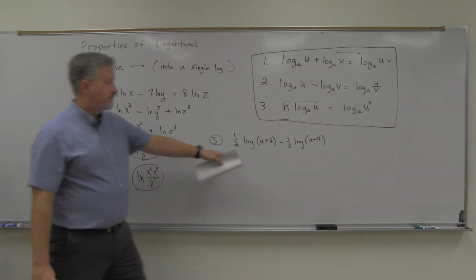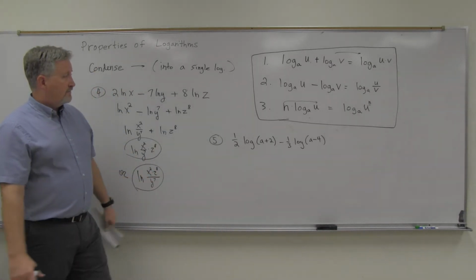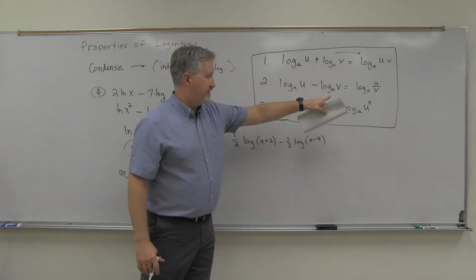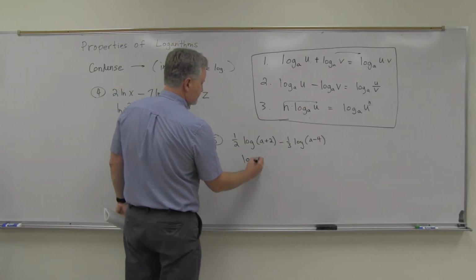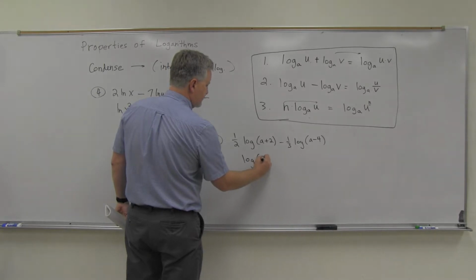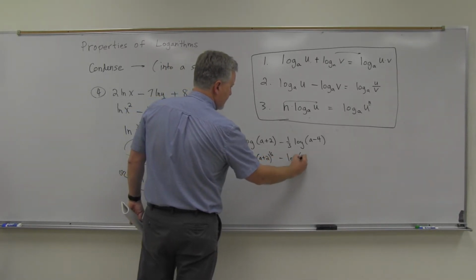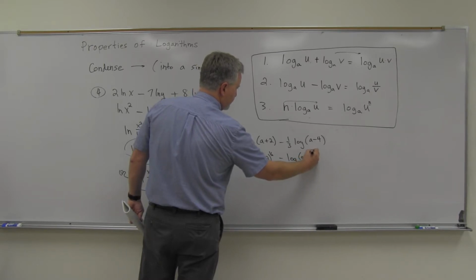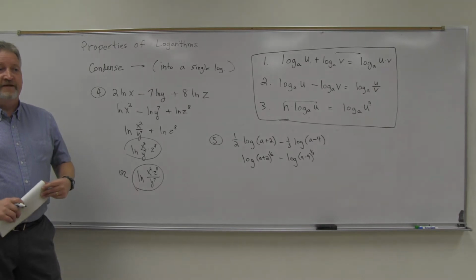We've got these numbers in front, and those numbers need to be moved inside. If we move them inside by property 3, they become the powers on our inside stuff. So it'd be log of a plus 2 to the 1/2 minus log of a minus 4 to the 1/3 power, right? 1/2 power and 1/3 power if I move those in.